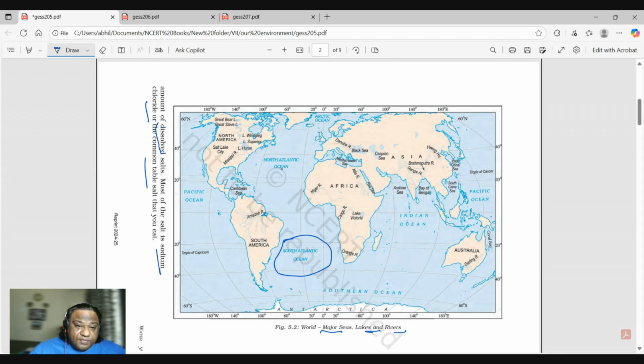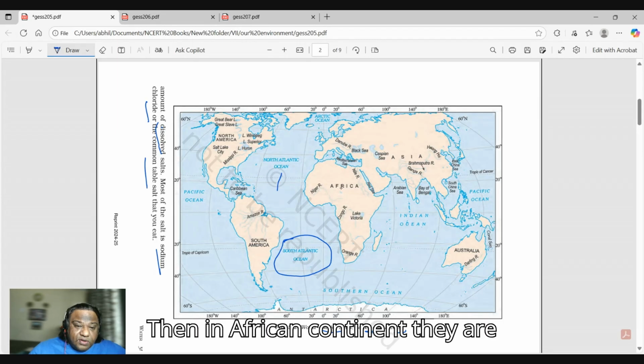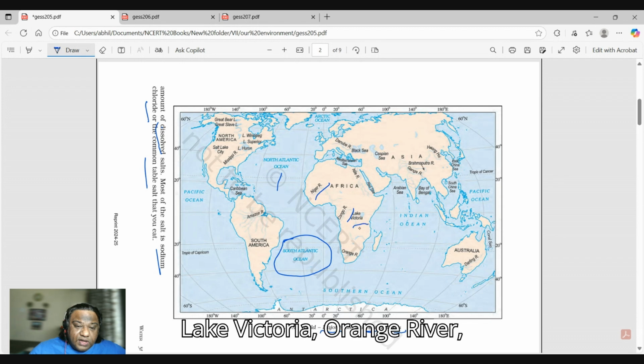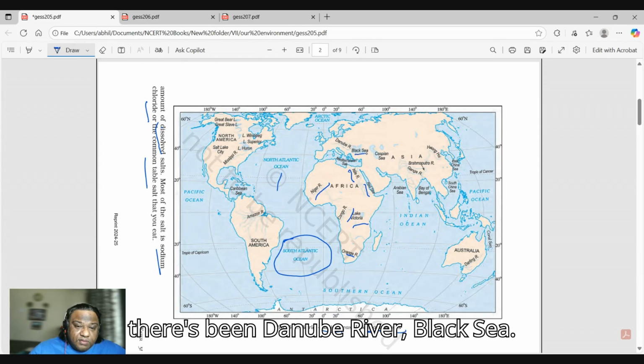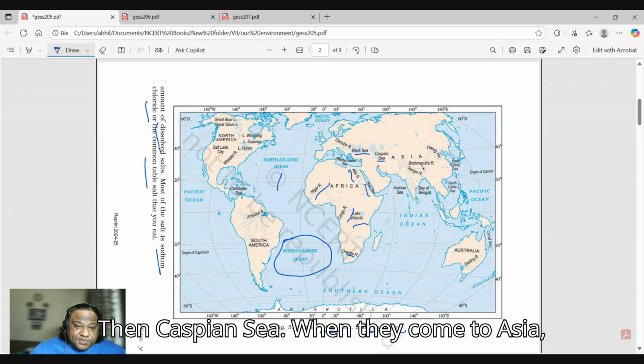The North Atlantic is this part, and then the Arctic Ocean. Then in the African continent, they are showing Niger River, Congo River, Lake Victoria, Orange River, Nile River, Mediterranean Sea, Red Sea, and in Europe they are showing Danube River, Black Sea, then Caspian Sea.